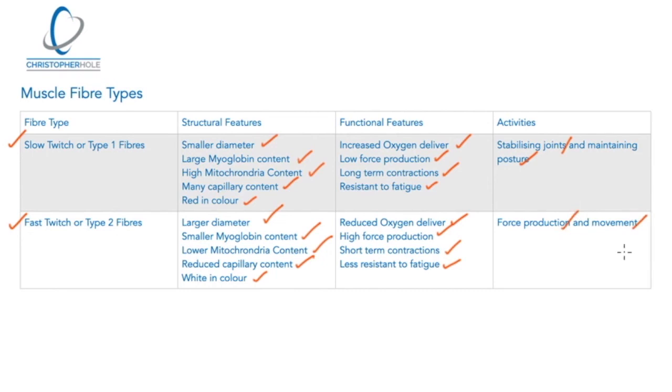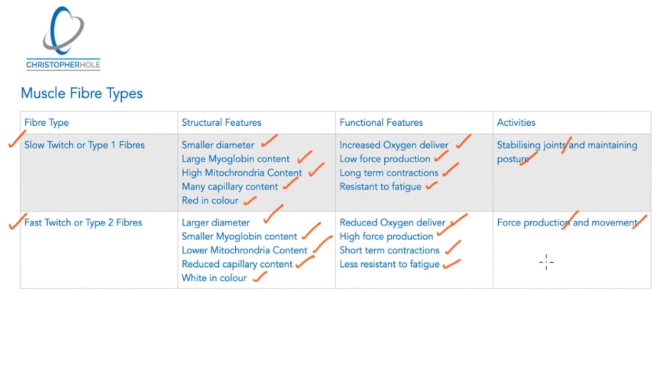So they will take care of jumping, sprinting, running, the heavy lifting type muscles, the bigger muscles that are there for force production. And these will support that by stabilizing the joints when the greater force needs to be happening.